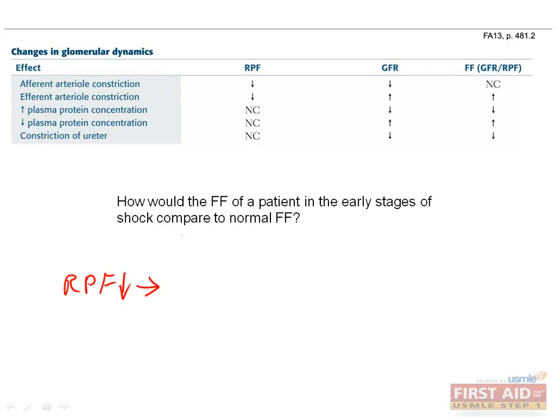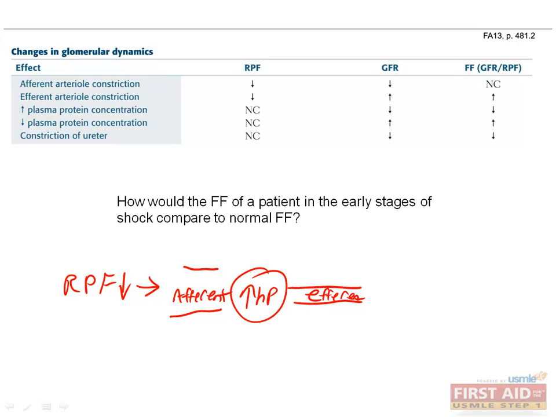The body responds by selectively vasodilating the afferent arteriole while vasoconstricting the efferent arteriole. This has the effect of increasing the hydrostatic pressure in the glomerulus, which in turn raises the GFR.